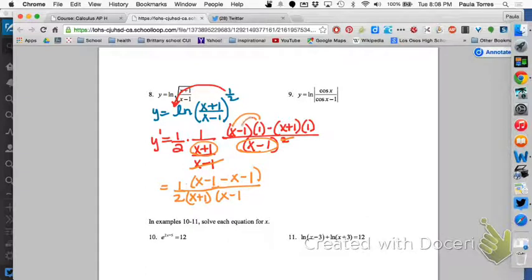Remember, I'm distributing here. And that'll simplify to -2. And then, of course, my 2's will cancel. Isn't it beautiful?